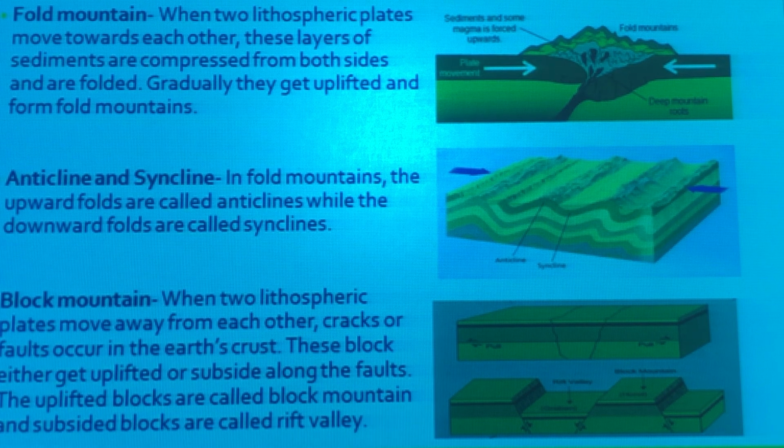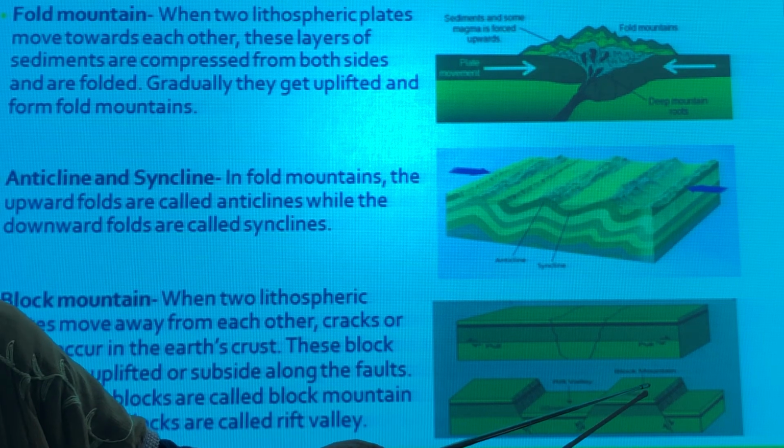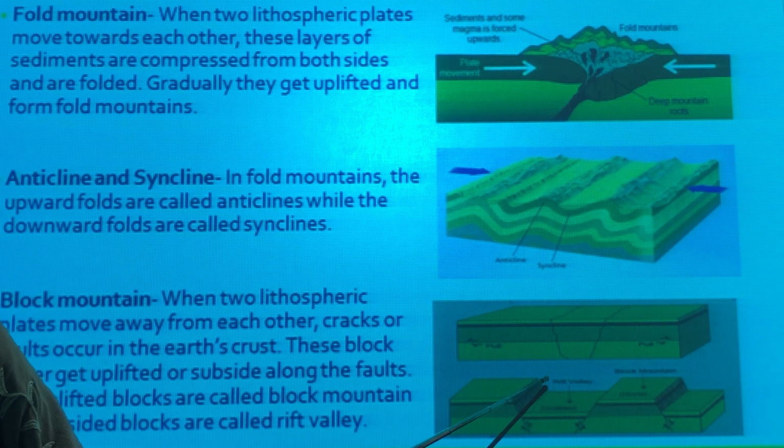But in a block mountain, the two lithospheric plates move away from each other and cracks or faults occur in the earth's crust. These blocks either get uplifted or subsided. The uplifted blocks are called block mountains and the subsided ones are called rift valleys.